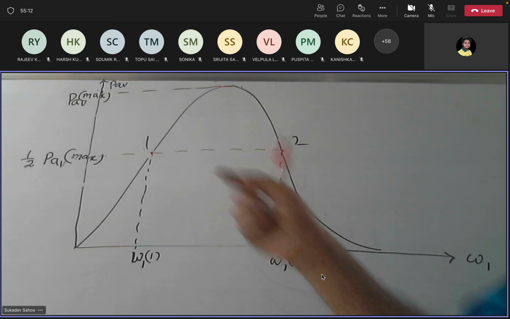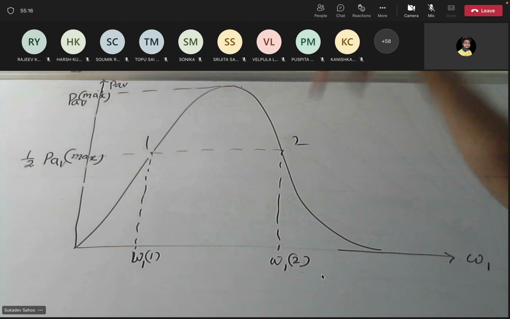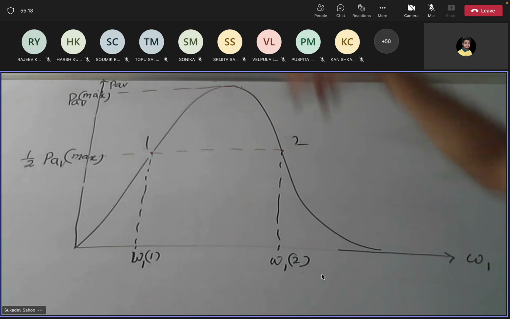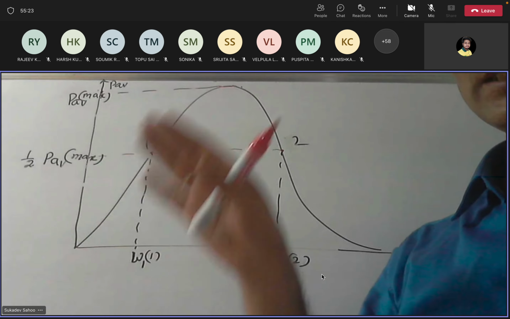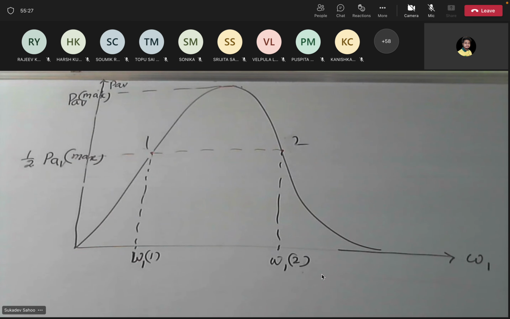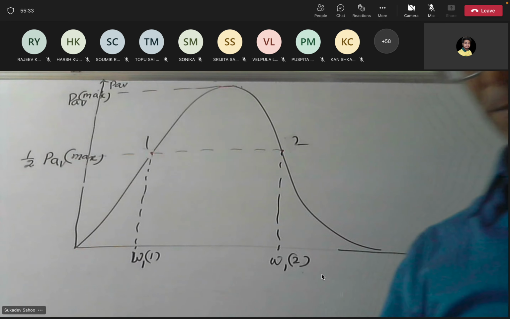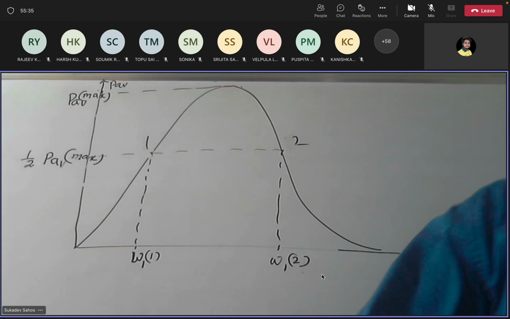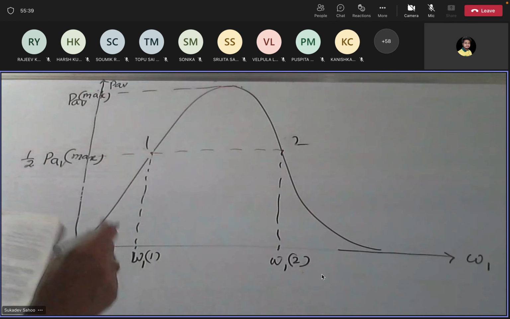Anybody has any doubt? It is the difference in frequencies at which the power of the oscillator is half of its maximum average power. Okay. So now we know the expression for P average.